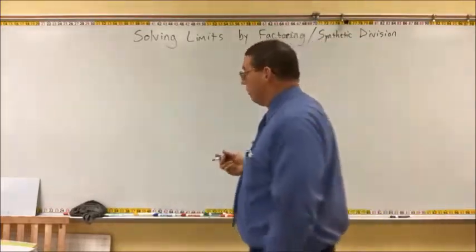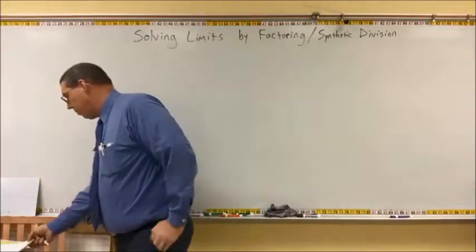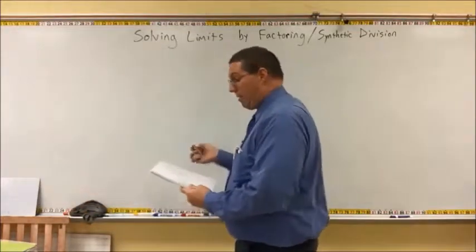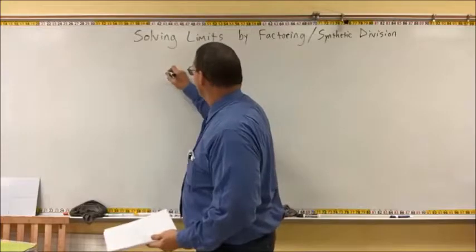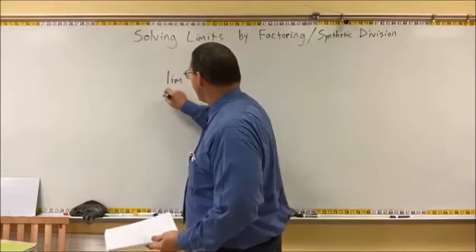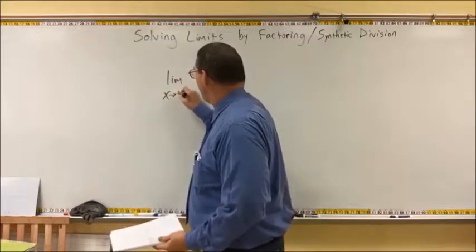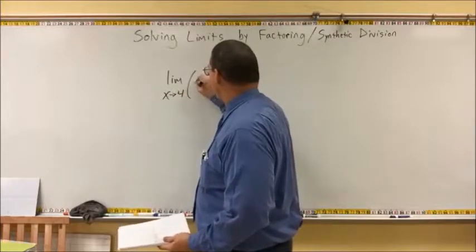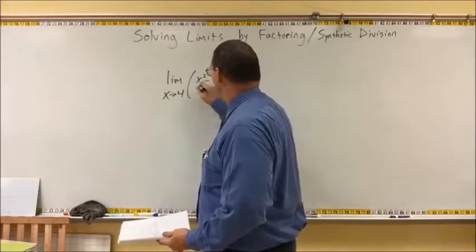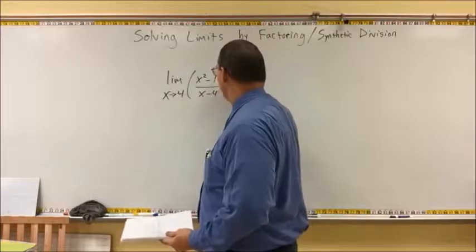Okay? So let's do a very quick, simple example. This one is a classic. We'll do the limit as x approaches 4 of x squared minus 16 over x minus 4.